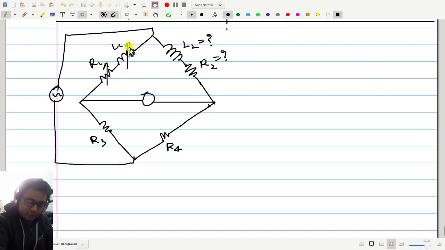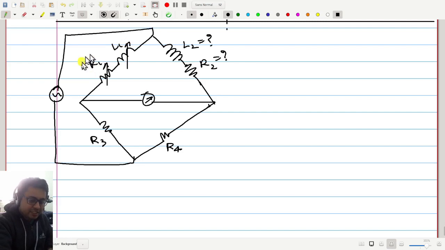We may increase L1 and look at the deflection. Suppose as we increase L1, the deflection is reducing. At some point, the deflection will be minimum. After that, if we increase L1 further, the deflection is again increasing. So at the point where we get the minimum deflection, we will fix the value of L1.